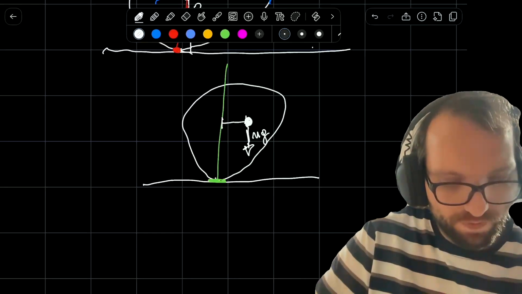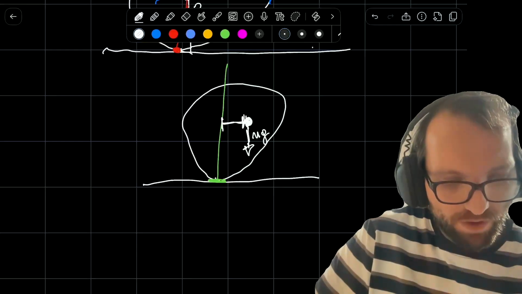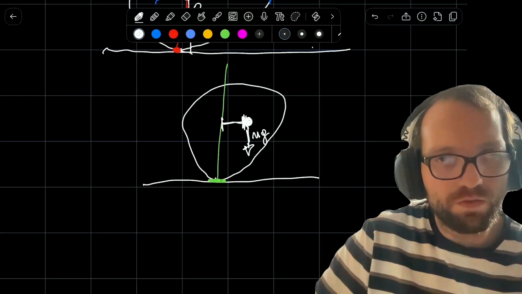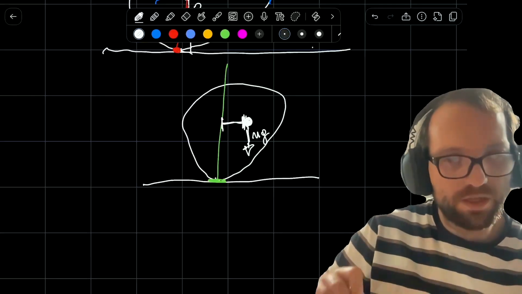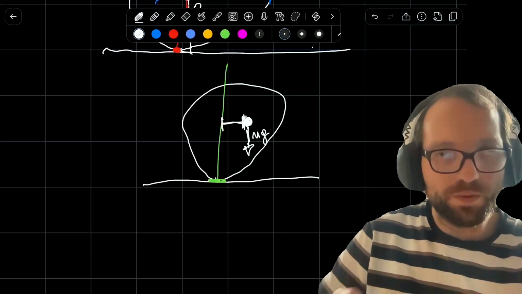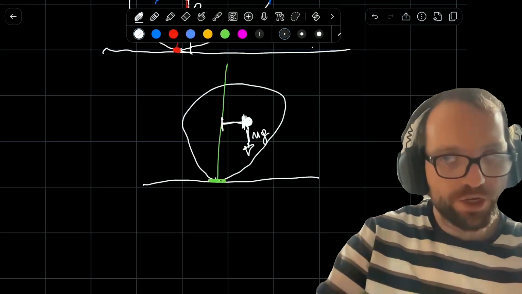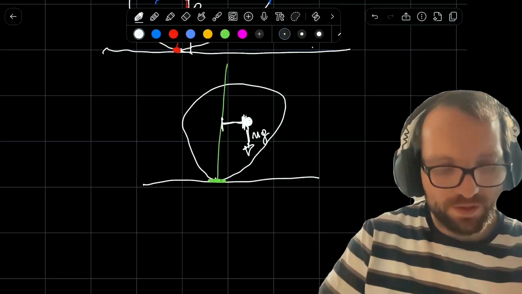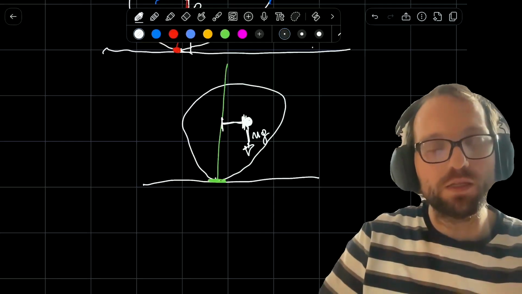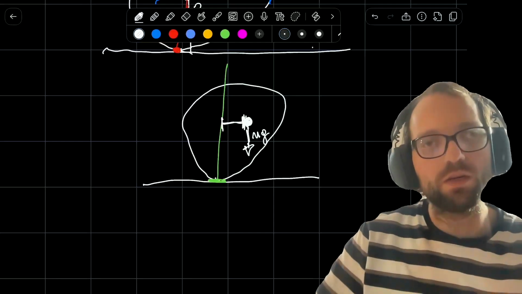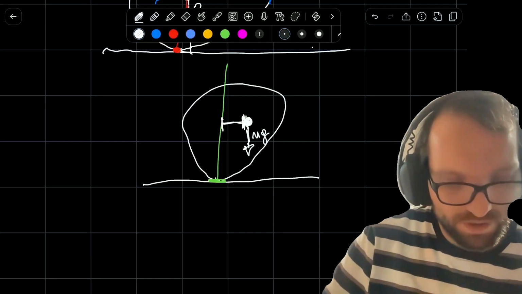Because here you have a force, here you have the distance of the force. This discrepancy between the projection of the normal line and the location of the center of mass creates a torque that makes the object move.